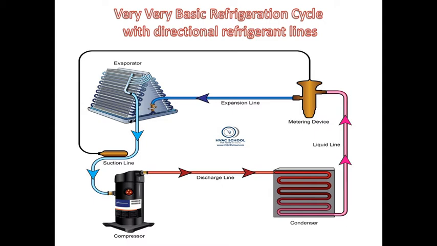It's a high pressure, high temperature liquid, but now it's called the liquid line. Coming out of the expansion valve, the low pressure, low temperature liquid is the expansion line, or the distribution line. And then coming out of the evaporative coil, going back to the compressor, it's the suction line.